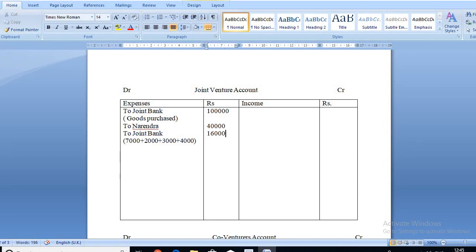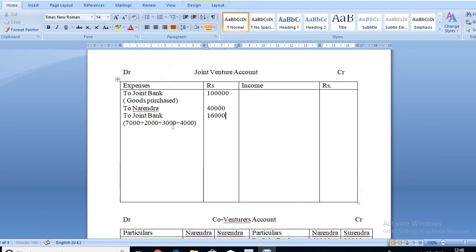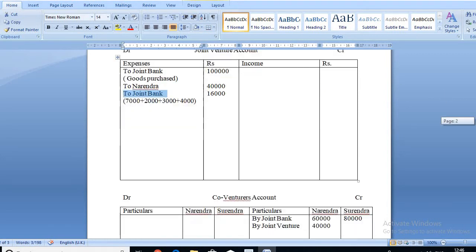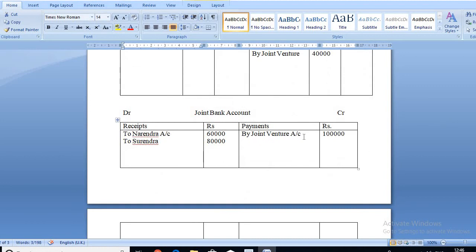So 16,000. One aspect is over. The debit entry is over. Now we have to do cross posting for the same transaction. Here joint bank is debited. Now in joint bank we have to make credit entry. So come to joint bank. In joint bank you have to make credit entry. By what?